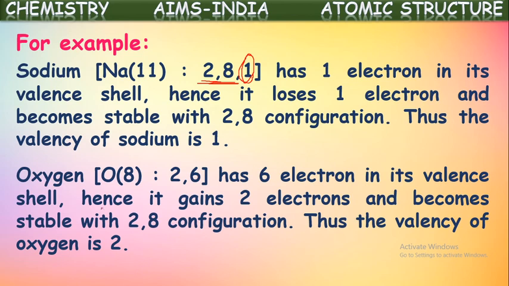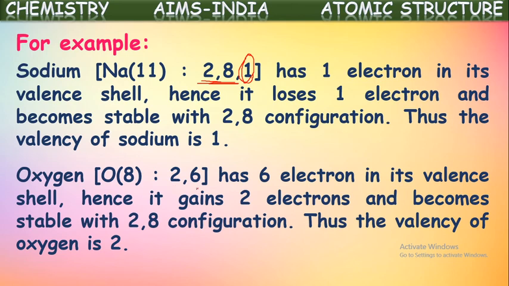Hence, it gains 2 electrons and becomes stable with 2, 8 configuration, like a noble gas. How many electrons did it gain here? 2 electrons. Thus, the valency of oxygen is 2. In this way, the number of electrons gained or lost by an element to become stable is called its valency.